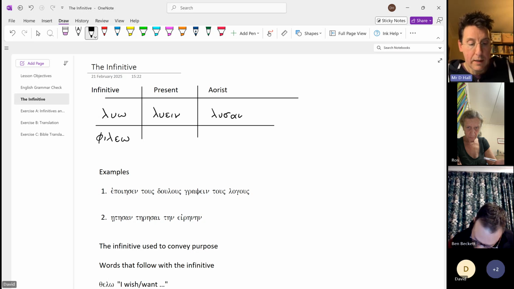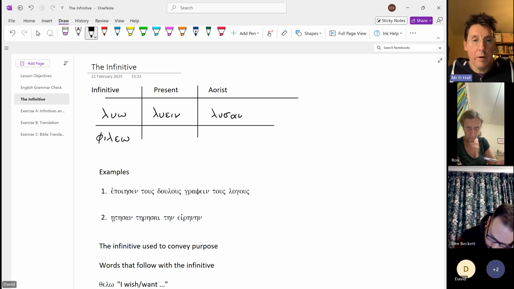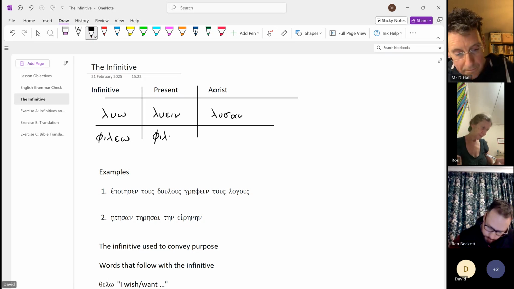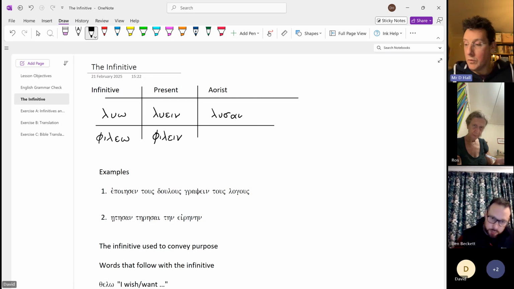And philo has a similar idea behind it, which we had in the imperative. So for the present, for the epsilon omega verbs, we have lu. Oh, not lu. I did that last time, didn't I? Try and get it right. Philein, which is quite useful because it's just the same.